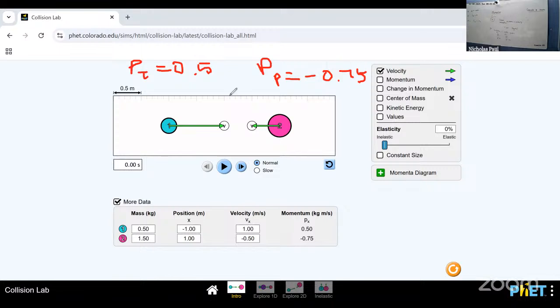The direction of the pink, right? Do me a favor, out of these two, tell me what you get in momentum. Add them up. 0.5 plus minus 0.75 should give you negative 0.25. Let us see now when they collide, if that's the momentum they'll move off with, right? Hold on now.